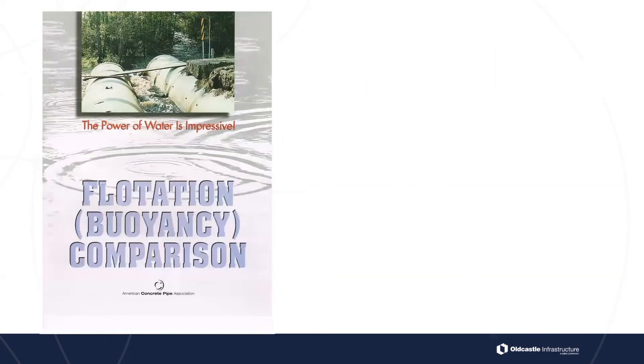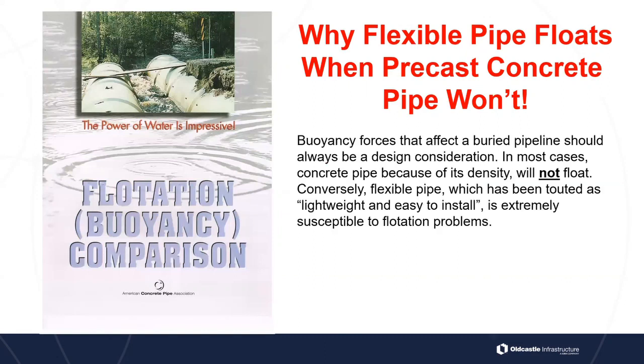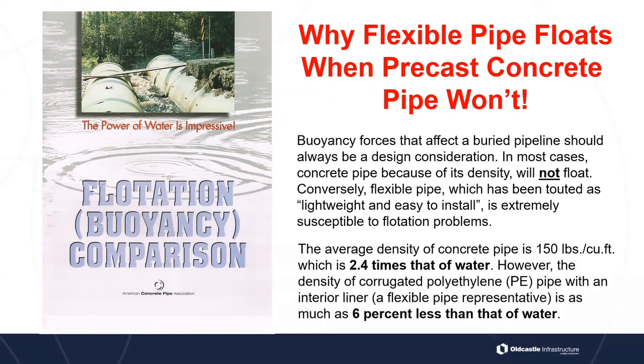There was a study put out by the American Concrete Pipe Association of flotation and a buoyancy comparison, and this talks about why flexible pipe floats when precast concrete pipe won't. It talks about, in most cases, concrete pipe, because of its density, will not float. Conversely, flexible pipe, which has been touted as lightweight and easy to install, is extremely susceptible to flotation.